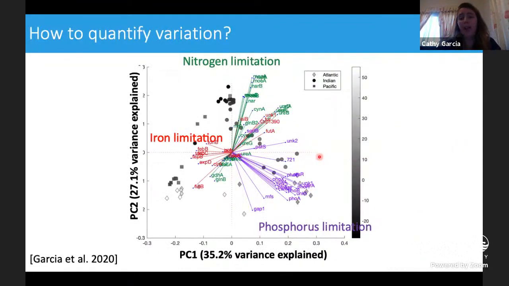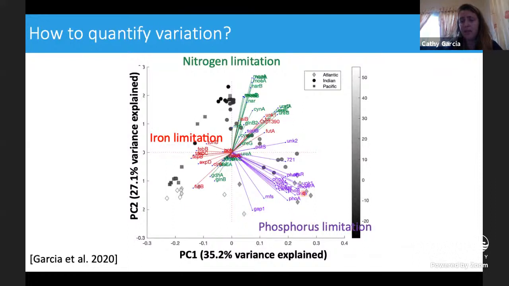So how do we quantify this? Again, we were looking at those relative frequencies, and the way to see this in a 2D schematic, we looked at the PCA plots to look at how much of the variance could be explained using principal component 1 and principal component 2.